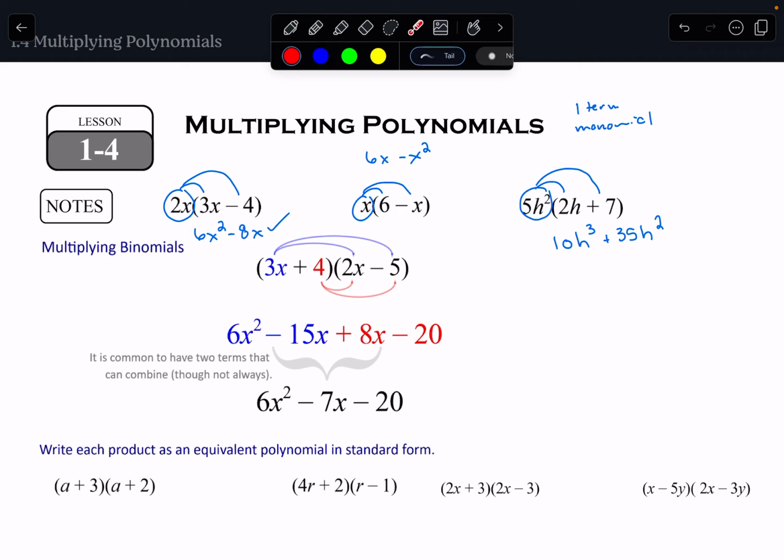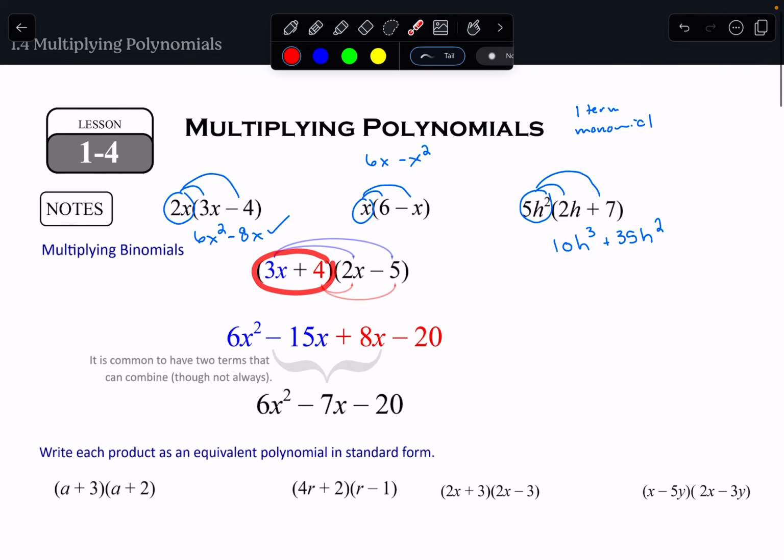So instead of just having a 2x to distribute to everything on the inside, if you look at this next example, you have a binomial, 3x plus 4, and then you have another binomial, 2x minus 5, and you are going to multiply them together, which actually goes pretty much the same way. The only difference is you are distributing both of the terms in the first parenthesis.